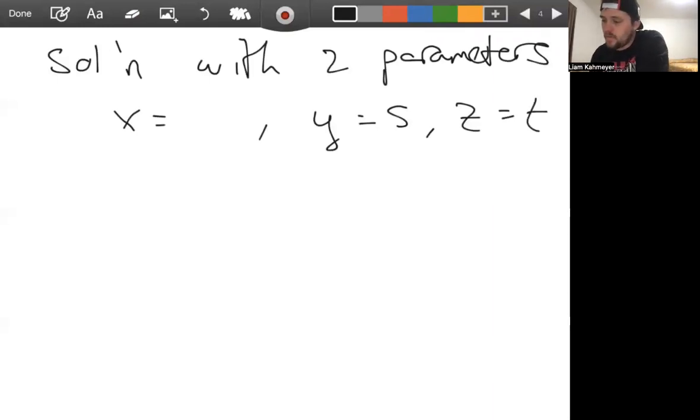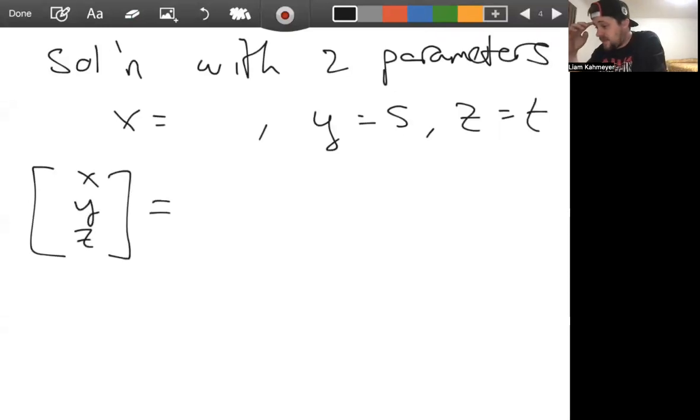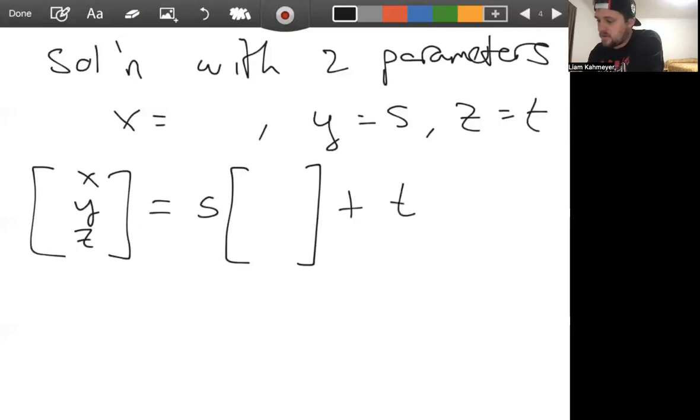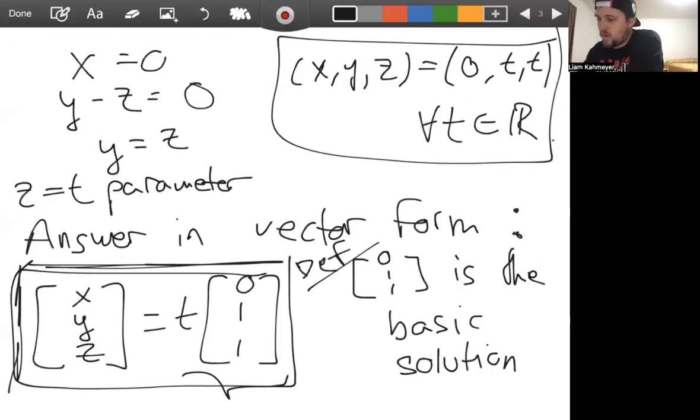Well, then your solution set would be x, y, z equals, and how we would write it here is in the same way, right?